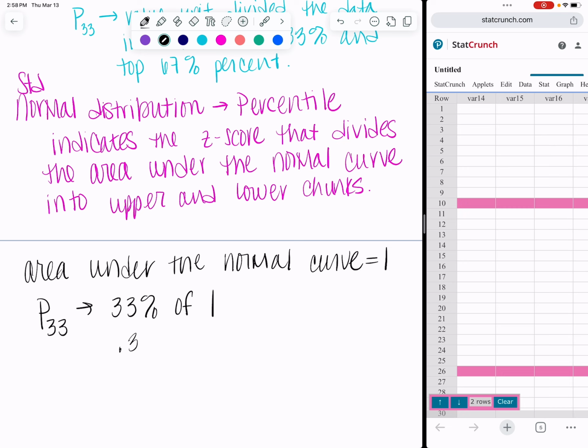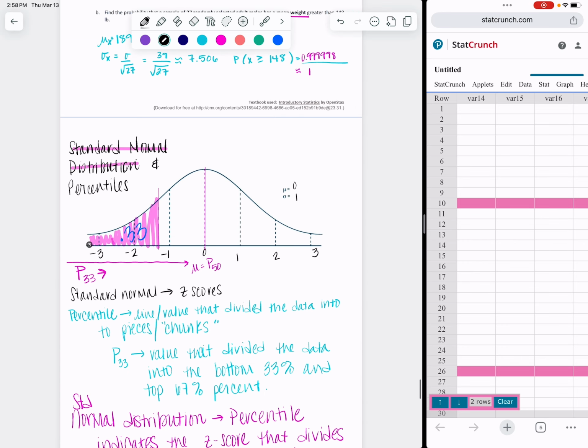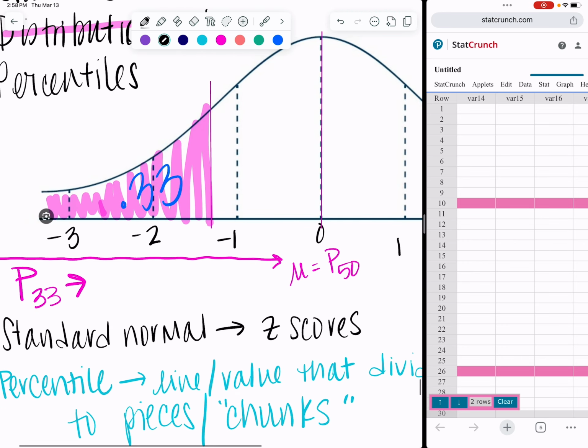That means I multiply 0.33 times 1. And 0.33 times 1 is just 0.33. So that is how percentile connects to the area under the normal distribution and how that connects to the standard normal distribution. What we're looking for is this little mystery z value right down here.